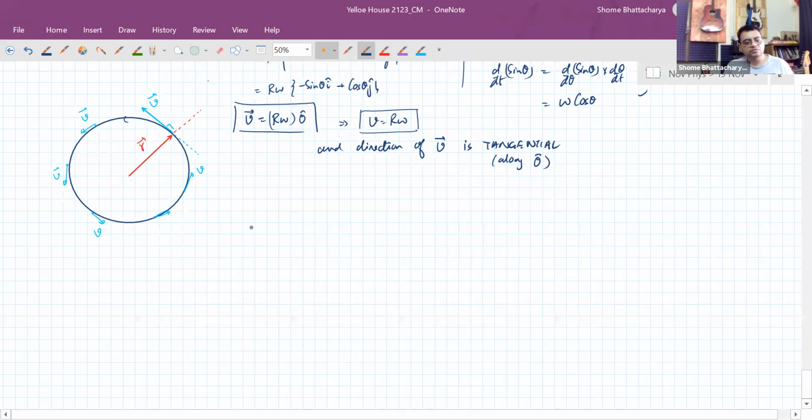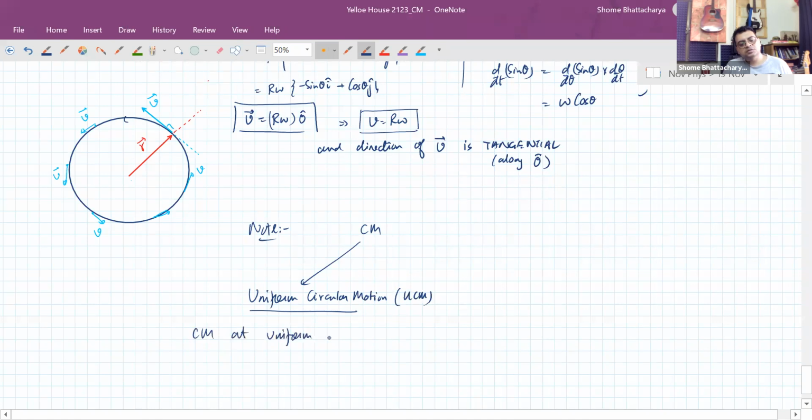So now additionally, we'll understand two important classifications of circular motion based on this. Uniform circular motion, or what we call UCM. So that is by definition circular motion at a uniform speed v. So speed is uniform implies that angular speed is also uniform, because v is equal to r omega, which implies that alpha is 0.